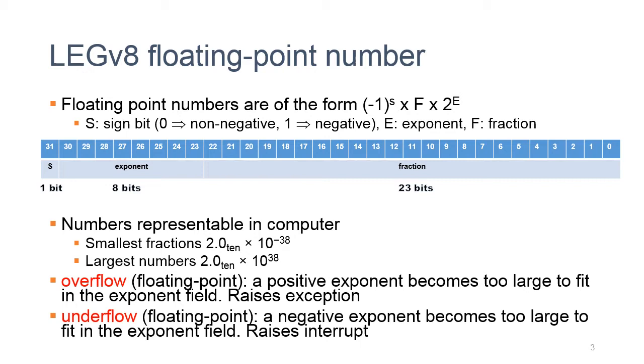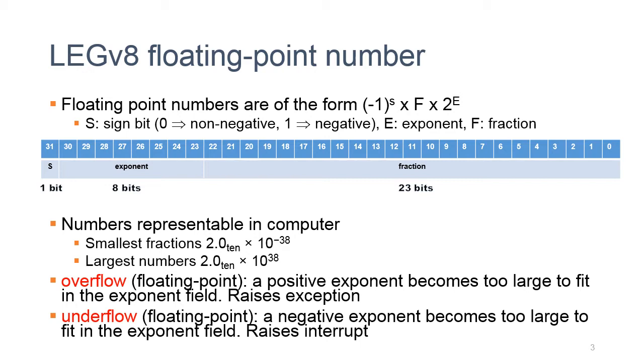The representation of a LEGv8 floating point number is shown as minus 1 to the power s, times F, times 2 to the power E, where s is the sign of the floating point number: 1 means negative and 0 means positive.